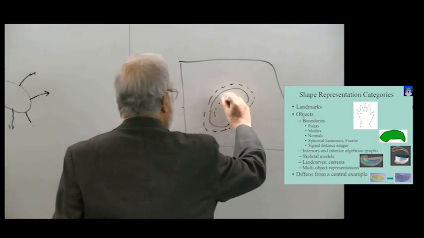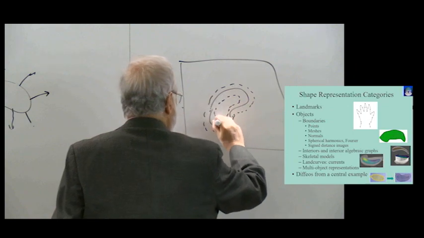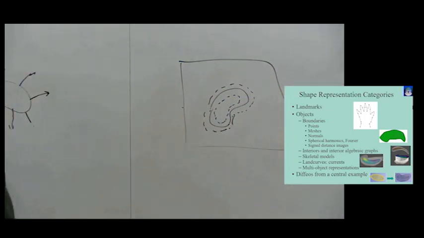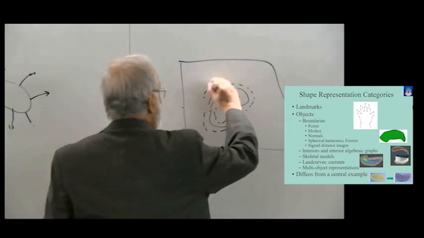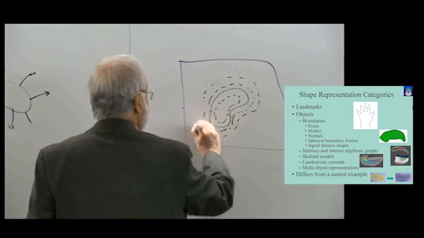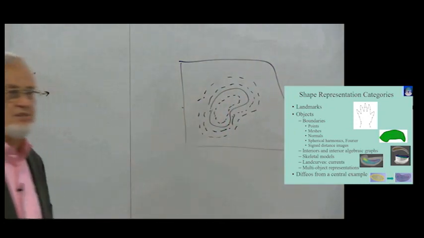And you can talk about a curve that's 1 unit of distance inside the object. The original curve is 0 units of distance from the object. And you can talk about ones that are 2 units of distance outside and 2 units inside.